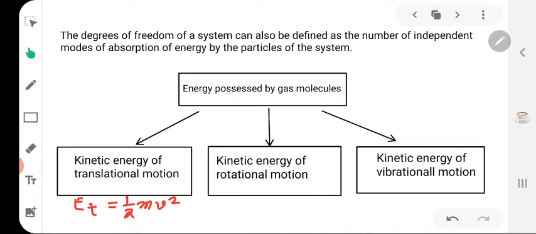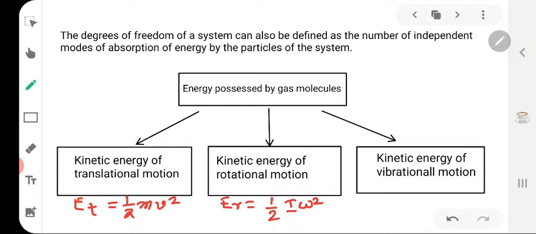Then it could be kinetic energy of rotational motion. The kinetic energy possessed by a gas molecule due to its rotational motion about an axis is called its rotational kinetic energy, and it is given by Er equal to half I omega square.